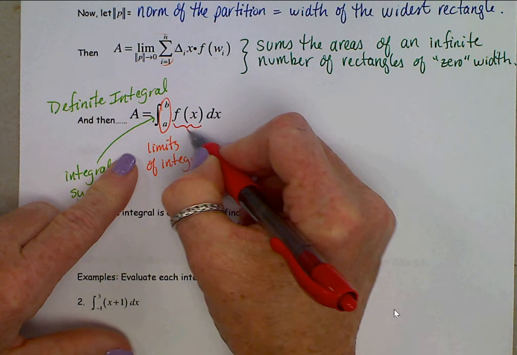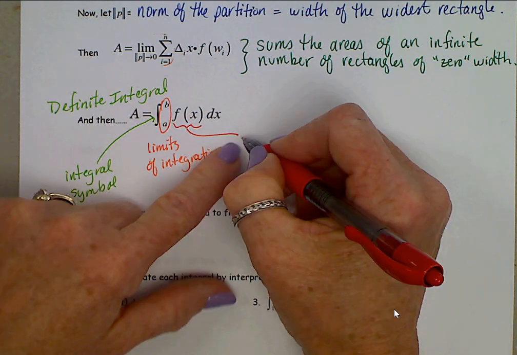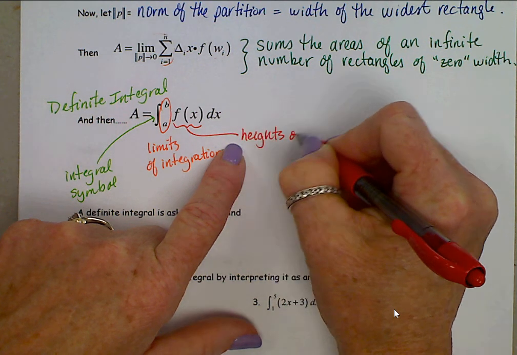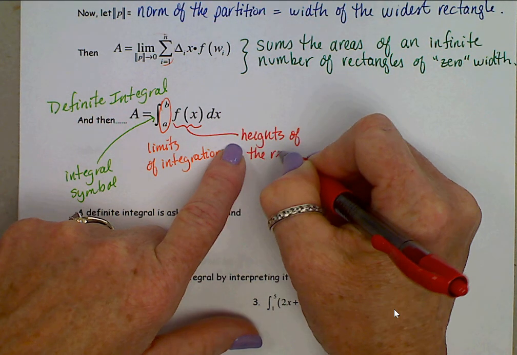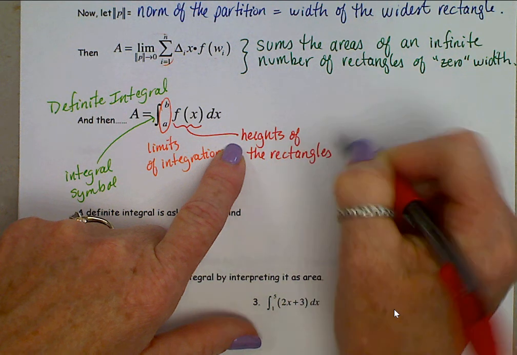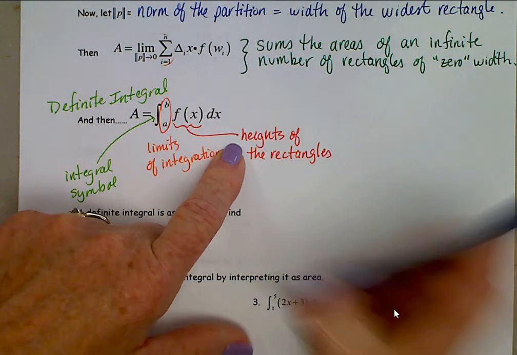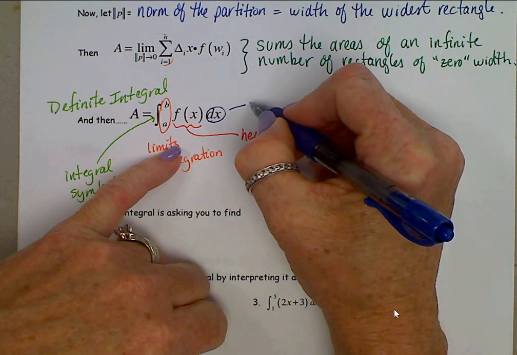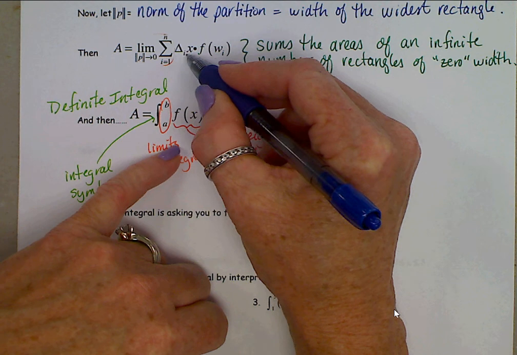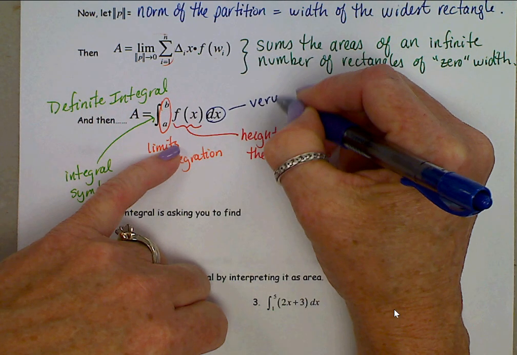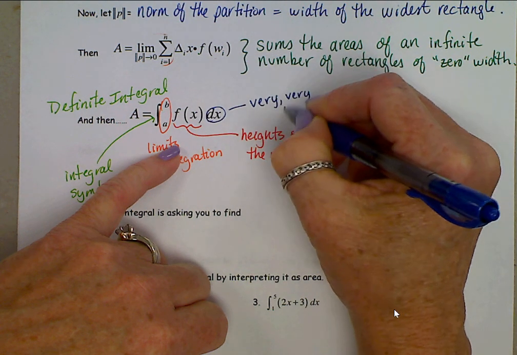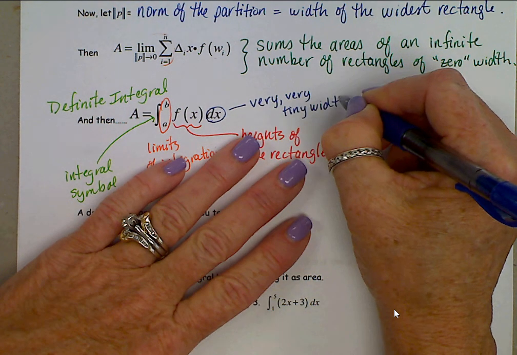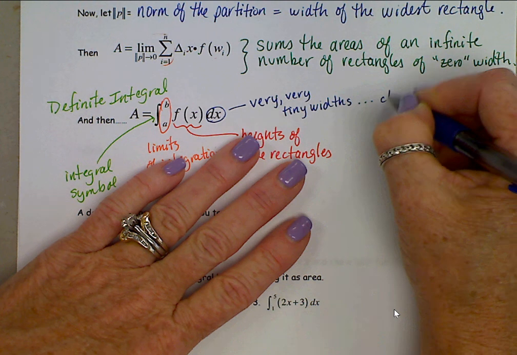These function values are the heights of the rectangles. And this dx here represents this delta x part. This is the very, very tiny widths, close to 0.